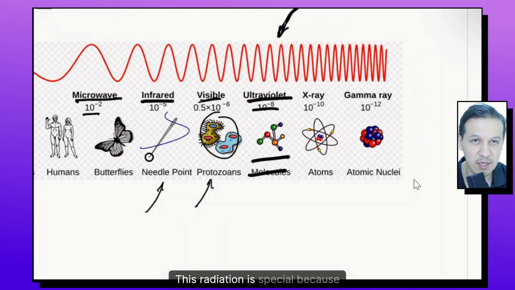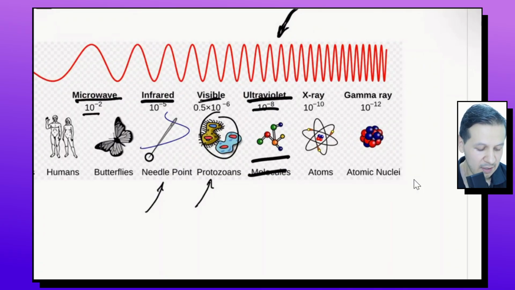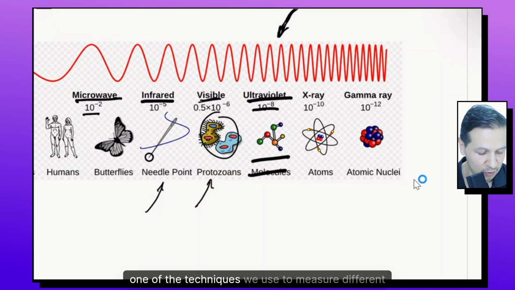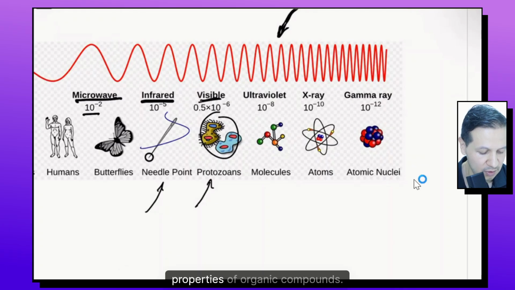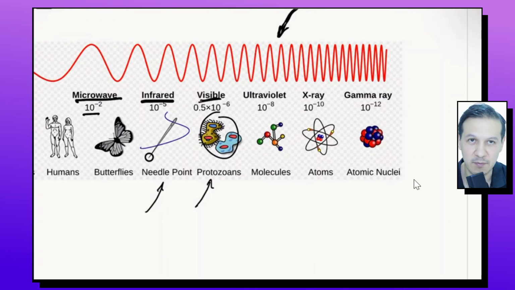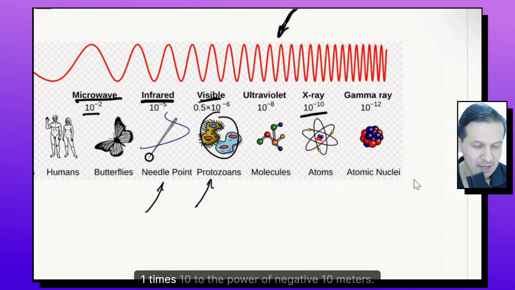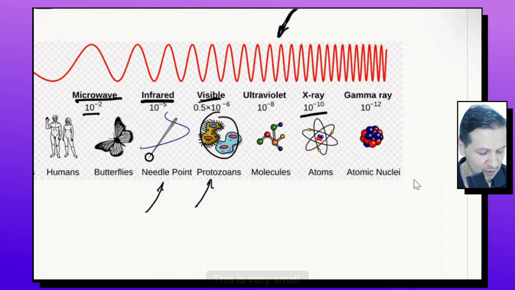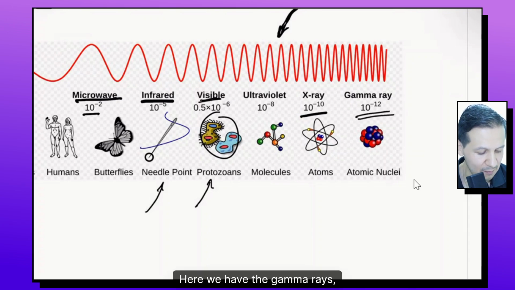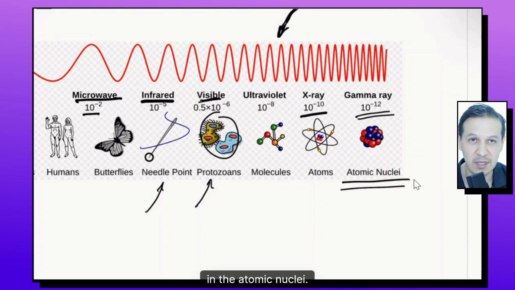This radiation is special because it is one of the techniques we use to measure different properties of organic compounds. It's very important. Here we have the X-rays, at the atomic level. Look at the size, 1 times 10 to the power of negative 10 meters. This is very small. And here we have the gamma rays, within the atomic nuclei.